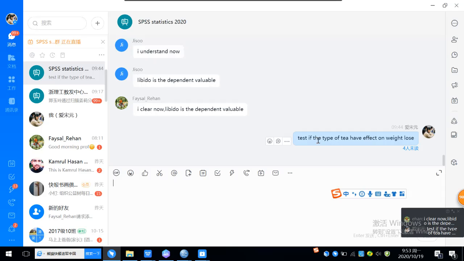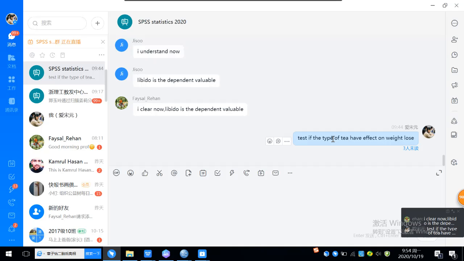Test if the type of tea has effect on weight loss. Here the dependent variable is weight loss. Because we have 3 types of tea, we use 1 to indicate type 1, 2 to indicate another type of tea, and 3 to indicate the remaining type of tea.